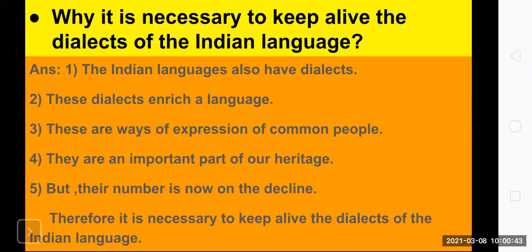They are an important part of our heritage, but their number is now on the decline. Therefore, it is necessary to keep alive the dialects of Indian languages. So see, there are a minimum of 5 points for this answer.